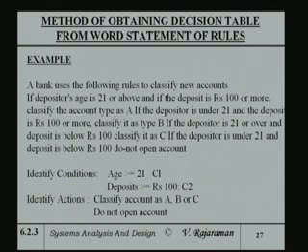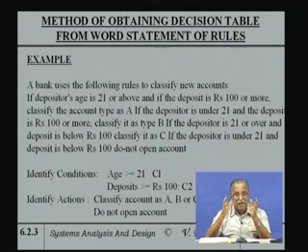I will give an example of how you go from a word statement to an equivalent table. The business rule says that a bank uses the following rules to classify new accounts.